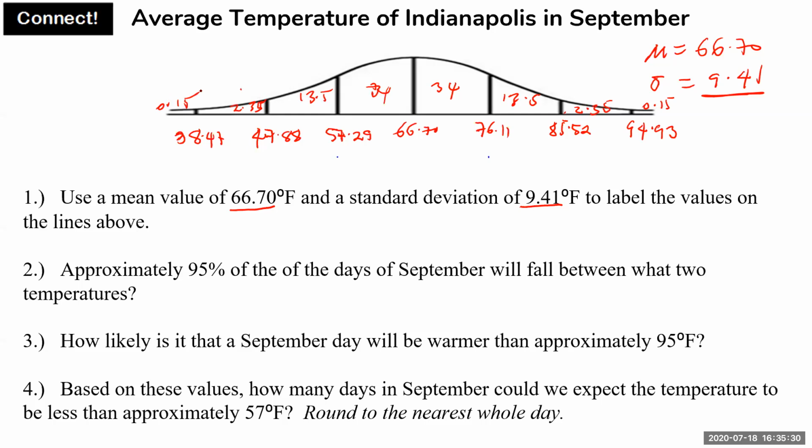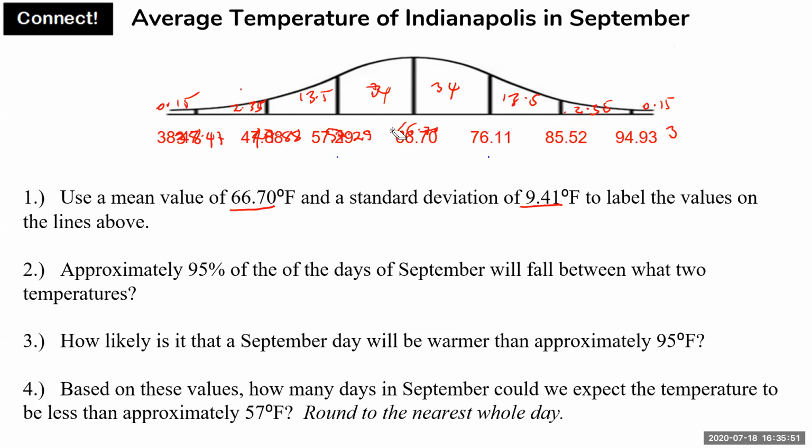All right. Now it says approximately 95% of the days of September will fall between what two temperatures? Don't forget that 95% is the second standard deviation.